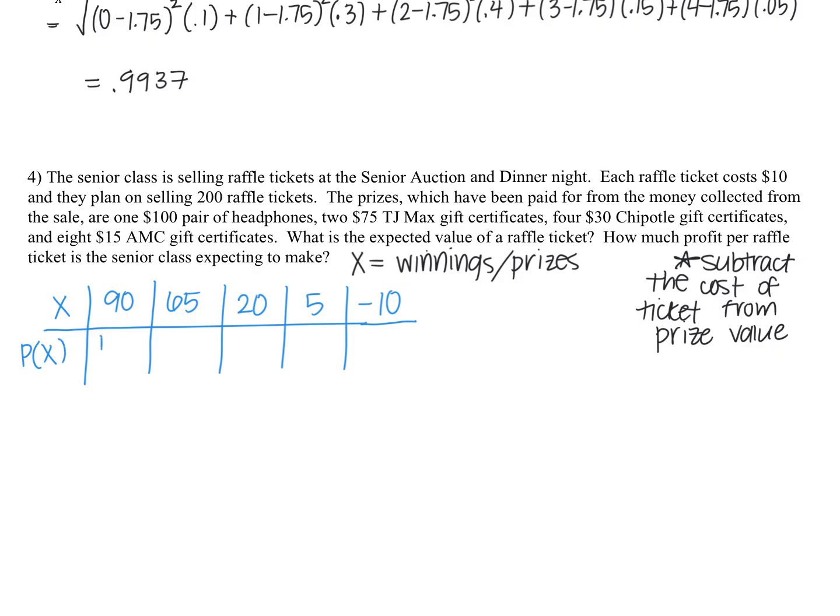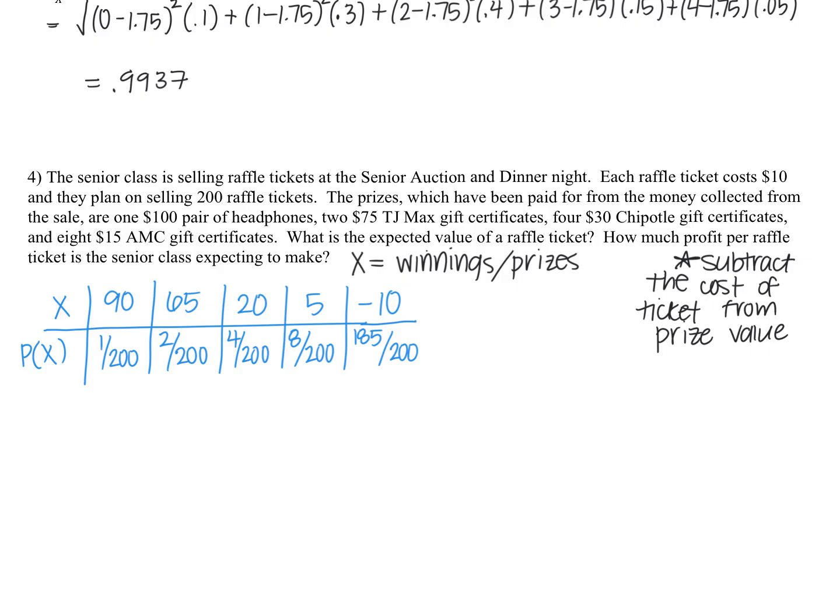So 1 out of the 200 for the headphones, 2 out of 200 for TJ Maxx, 4 out of 200 for Chipotle, 8 out of 200 for AMC. Then that means the remaining are the losing tickets. So if I do 1 plus 2 plus 4 plus 8, I get 15. So that means 185 out of the 200 are losing tickets.